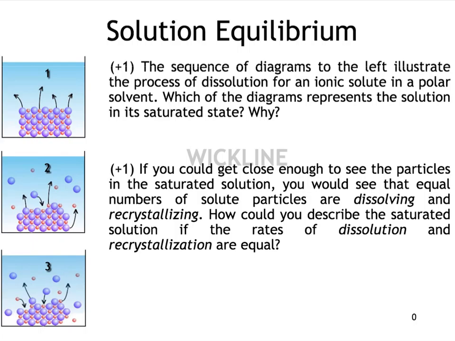And when you get to this third stage, you'll notice that you have equal numbers of particles dissolving as you have recrystallizing. So when those two processes become equal, the recrystallization and the dissolution, that's when you've reached a solution equilibrium, which we would call saturated.